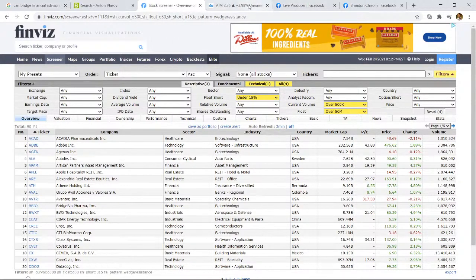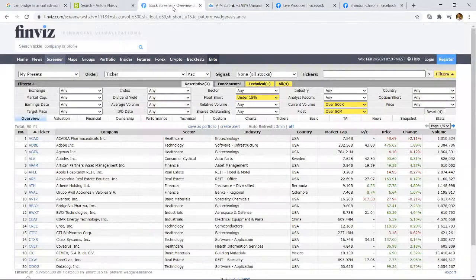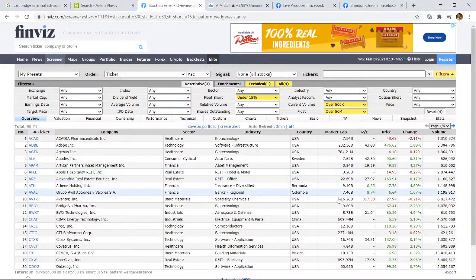So say for instance, the stock has a float, and the float is essentially the number of shares that are available on the open market to trade. So say for instance, if a stock's float is 50 million shares and the day it breaks out, it trades 100 million shares. That means that the float changed hands essentially one time.